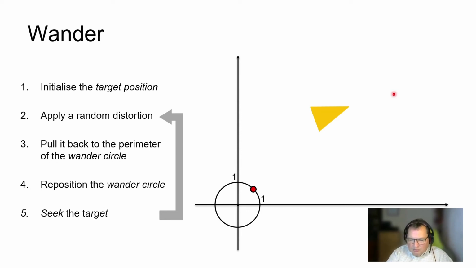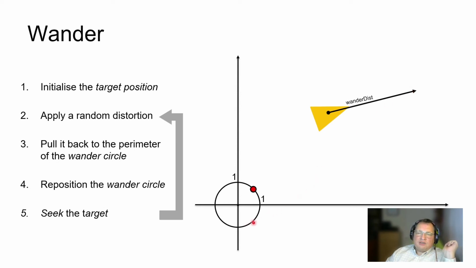So the normalized velocity vector can be multiplied by what we call the Wander distance, and in this way we can get the first vector: the position of the agent, plus the normalized velocity, so the direction of the movement, multiplied by the value of Wander distance, gives us the position of the center of the circle.